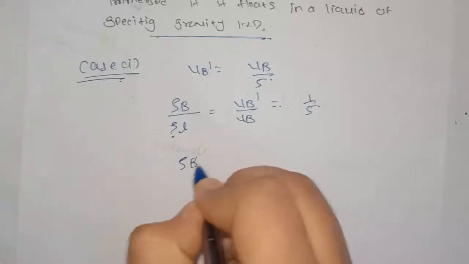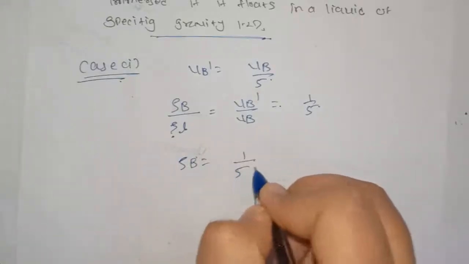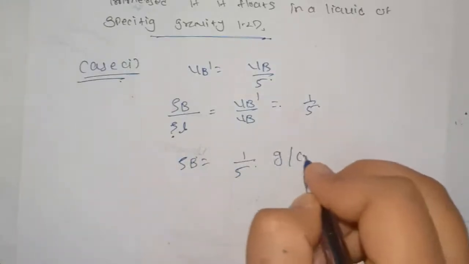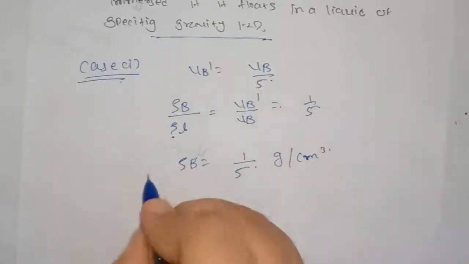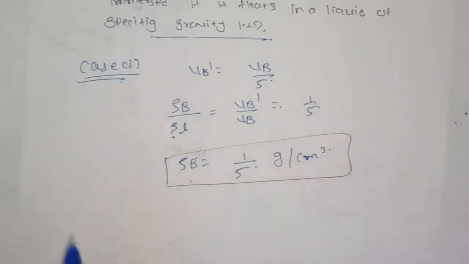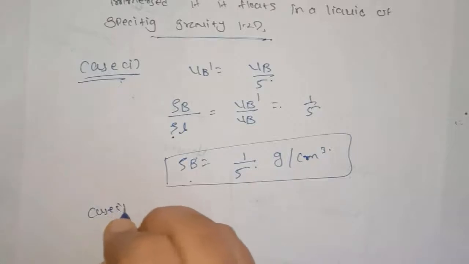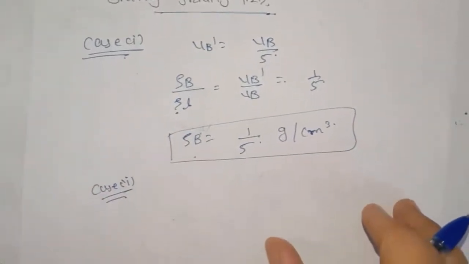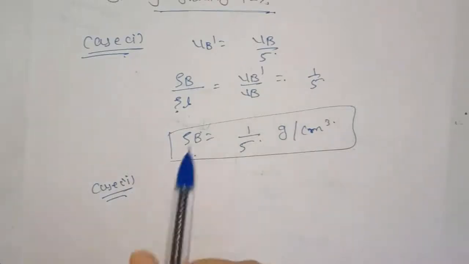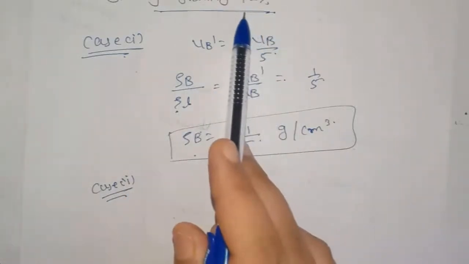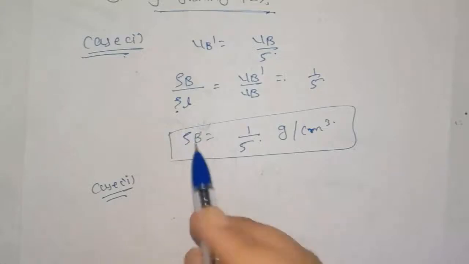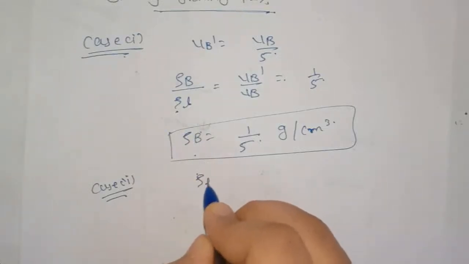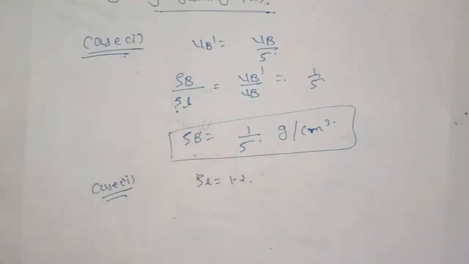So density of body is equal to 1 by 5 gram per centimeter cube. Now in case 2, it is kept in a liquid of specific gravity 1.2.